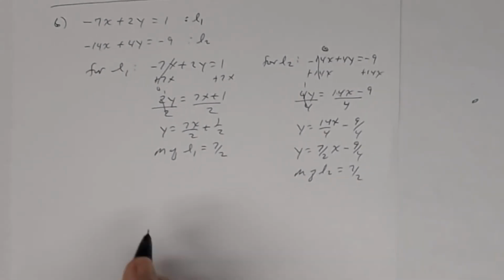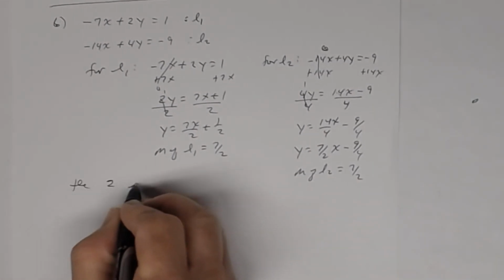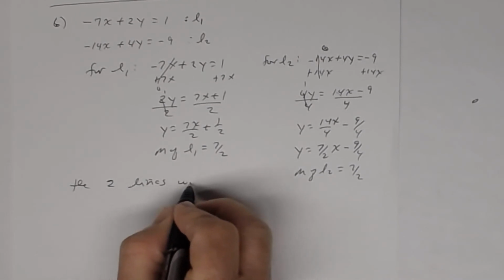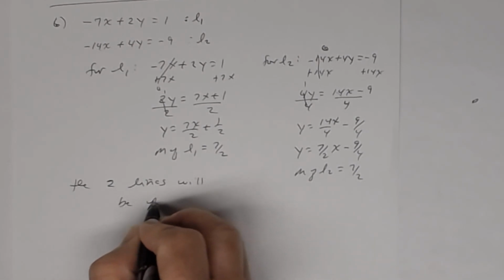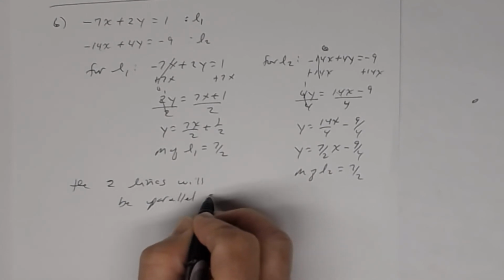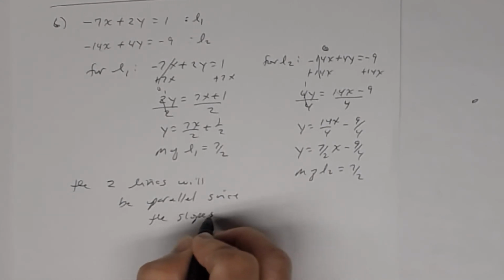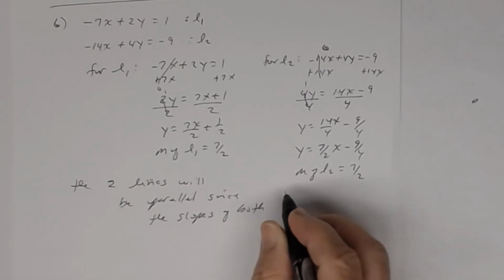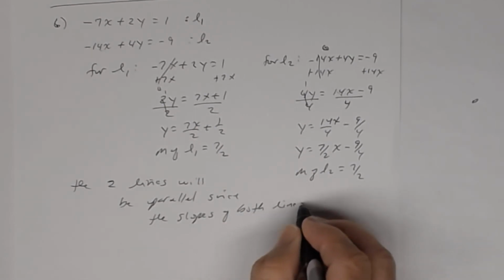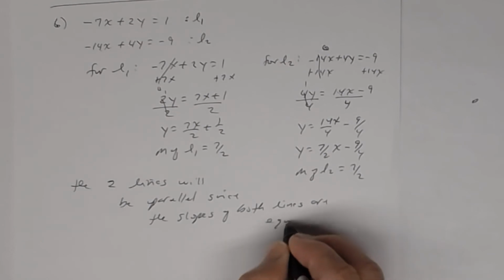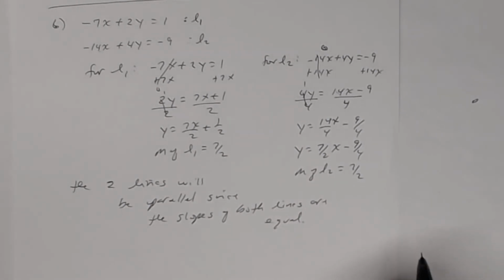They have the same slope. So the two lines will be parallel, since the slopes of both lines are the same, are equal.